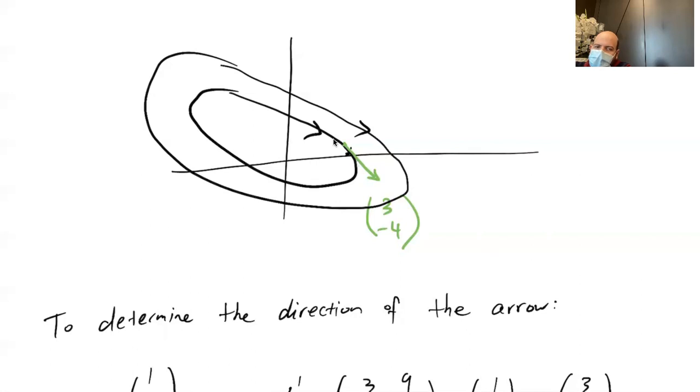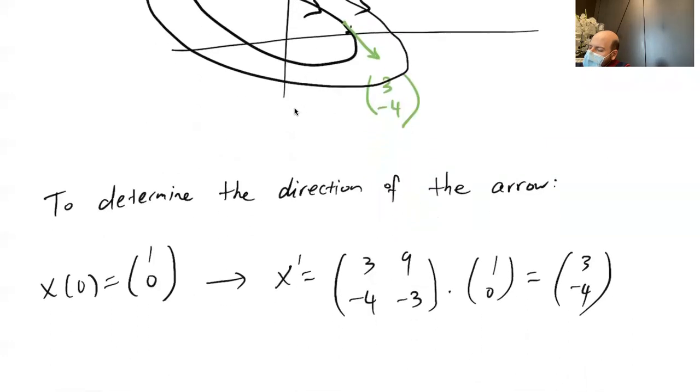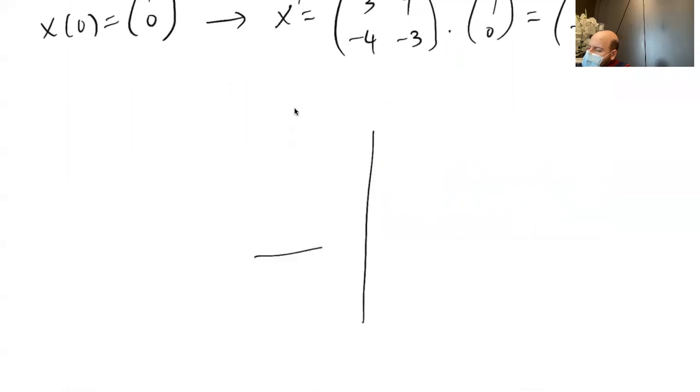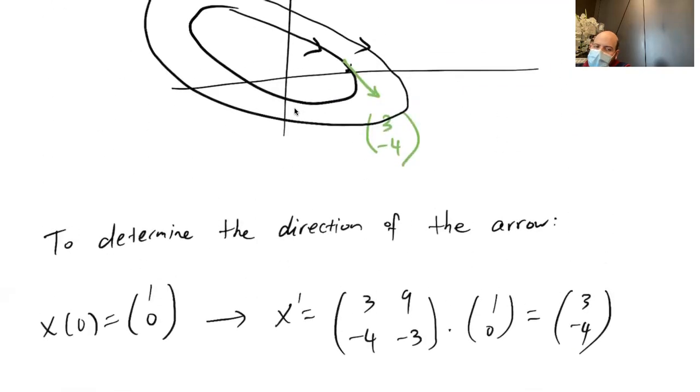So this not only gives us the direction or the arrow, it also tells us how the ellipse looks. Is it going to look like this, for example, or is it going to look like this? We could determine it based on just one piece of information. We consider the initial vector to be 1 and 0, found the velocity at that moment, and the velocity is 3 and minus 4, that is the direction of the movement.